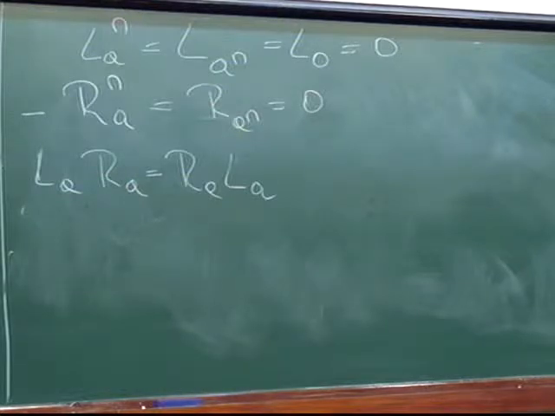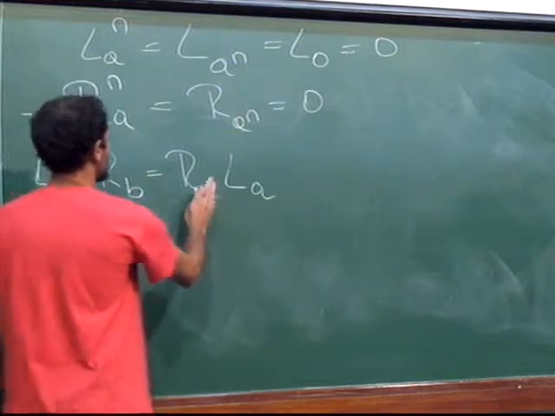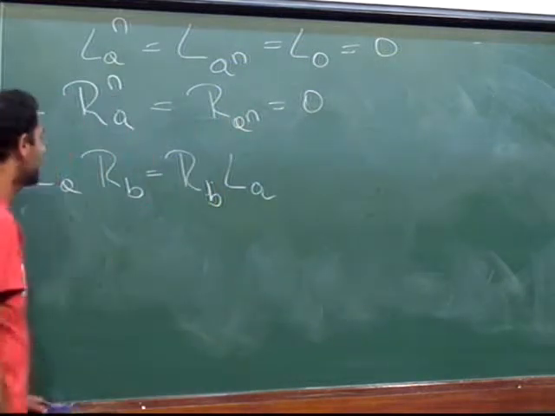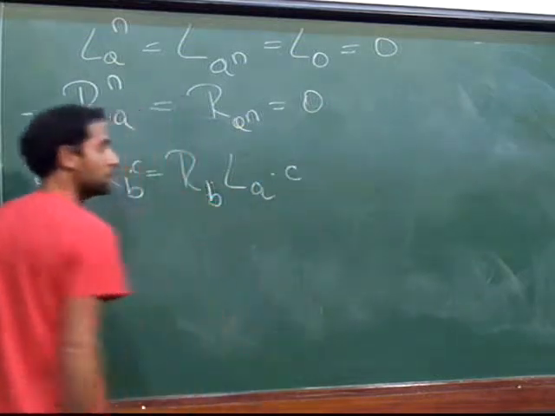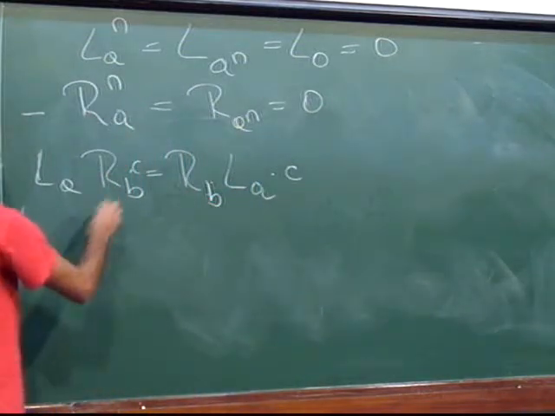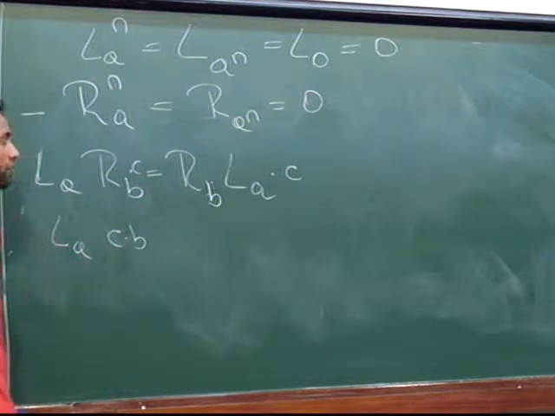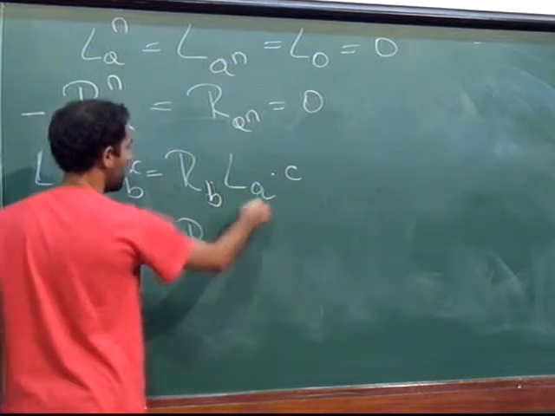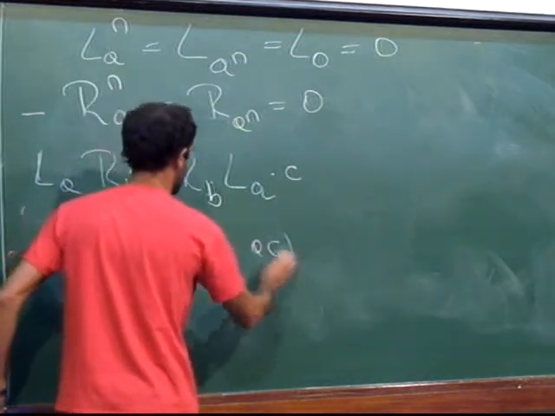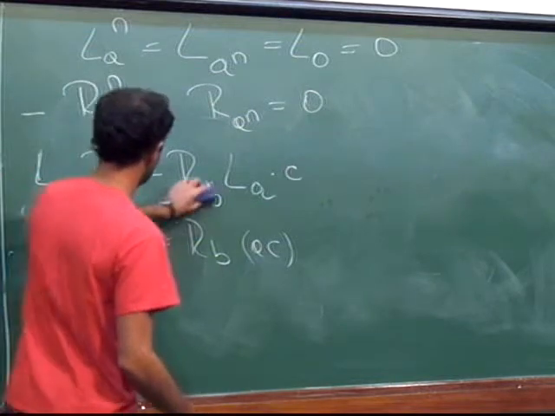And that's just the fact that GLV is associative. So you can just take any two different guys. Let's apply this to any C. On this side, this is LA of C times B, I'm multiplying on the right by B. And here is RB of A times C. Oops, I did want to have A, sorry.